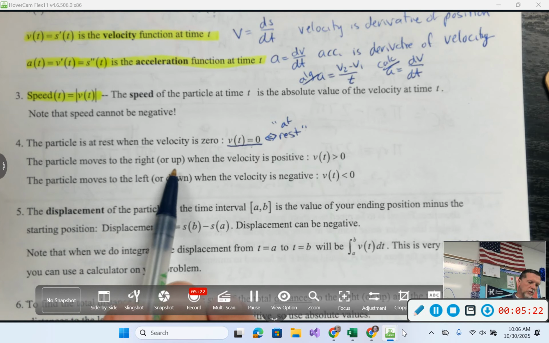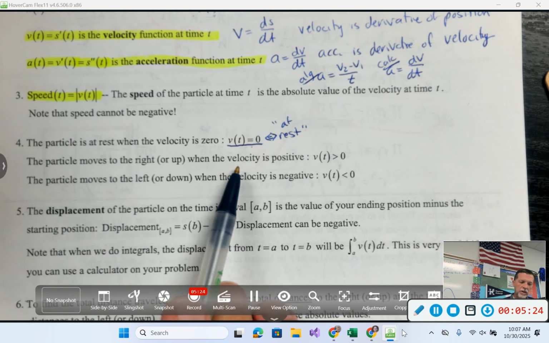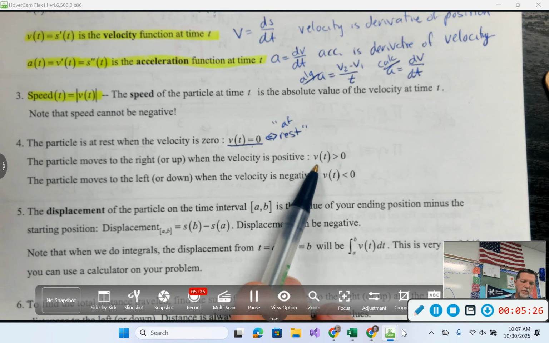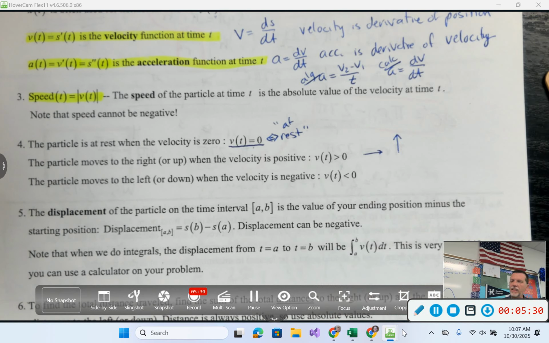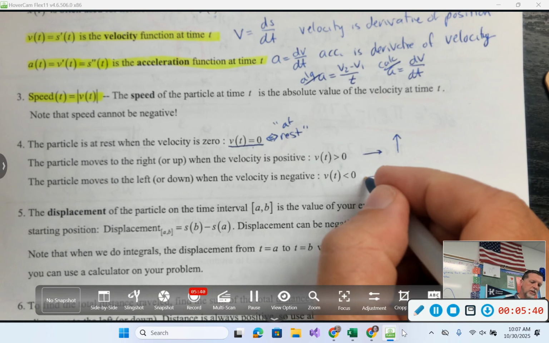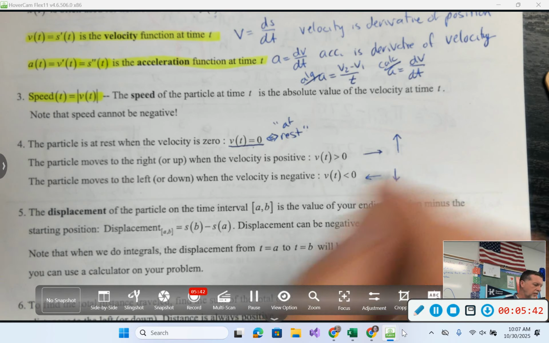The particle moves to the right or up when velocity is positive. Right or up. I think that makes sense. That's usually what we think of as positive, going to the right or moving up. The particle is moving left or down when the velocity is negative.